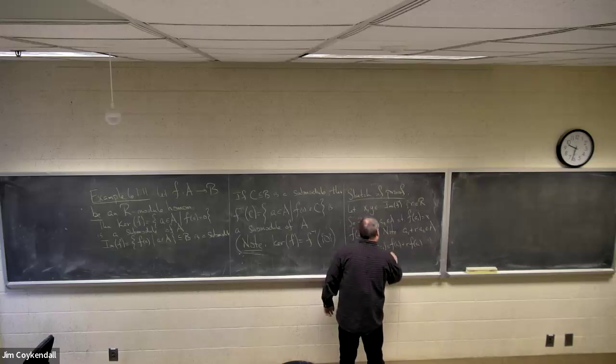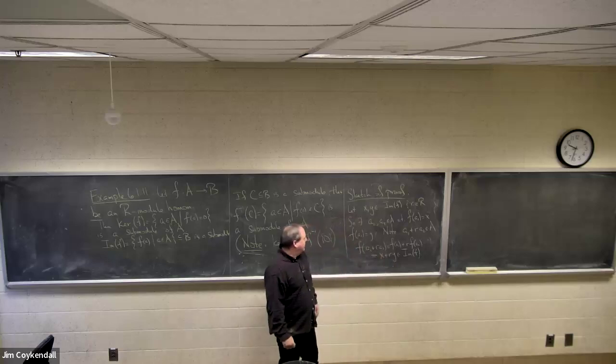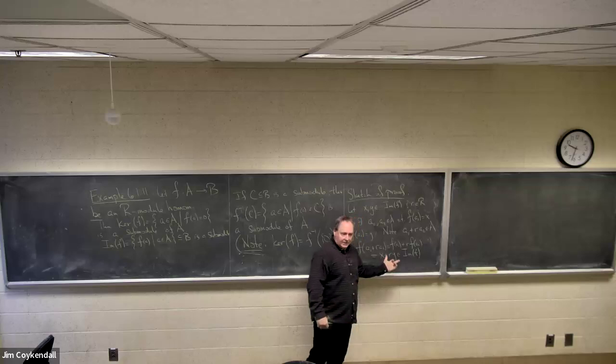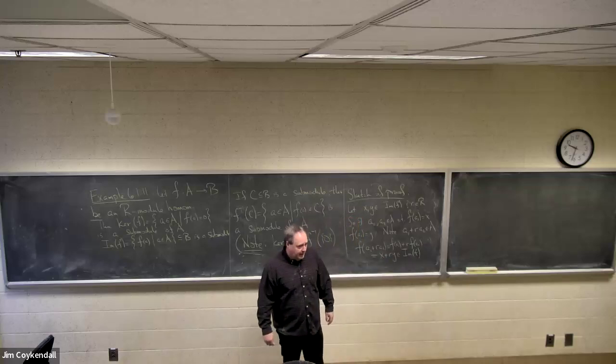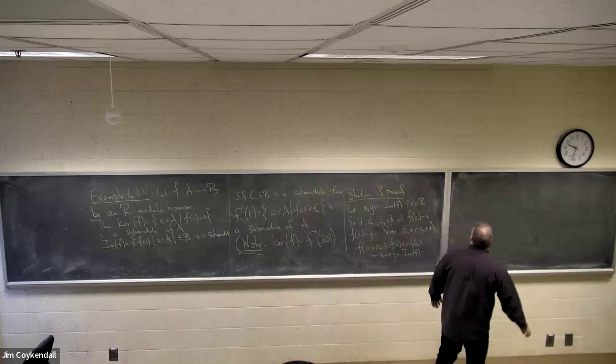It's X plus RY, which is in the image of F. So I've shown it's a submodule. Because if I take any X, Y here and R, then X plus RY is still in the image. Everybody cool with that? Let's look at F inverse C.